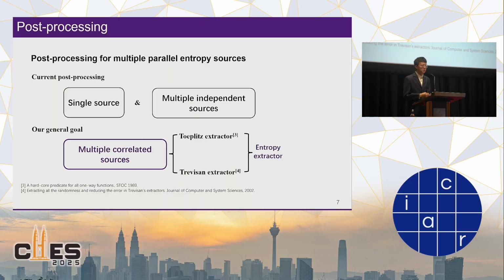So we need a method to extract randomness from multiple correlated entropy sources and satisfy the throughput requirement. The 2 proposed methods, named Toeplitz matrix and Trevisan extractor, can satisfy this requirement. Both of them belong to entropy extractor.